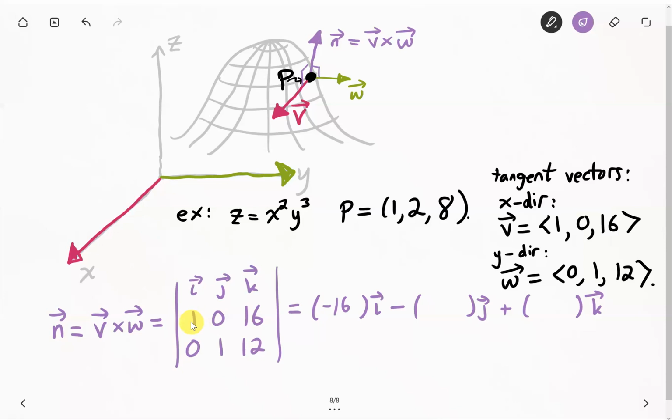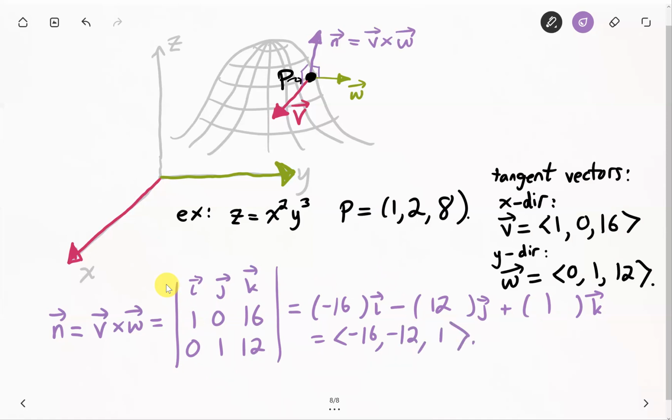Again, I'm doing a determinant here: 1 times 12 minus 0 times 16. So it's going to be 12. Don't forget that negative sign there. Then plus something times k, so ignoring the numbers in column k. This is nice: 1 times 1 minus 0 times 0. So this vector is negative 16, negative 12, 1.